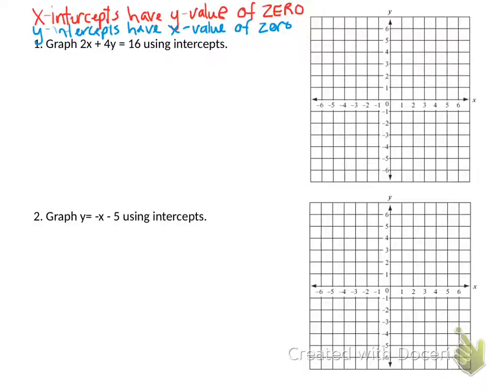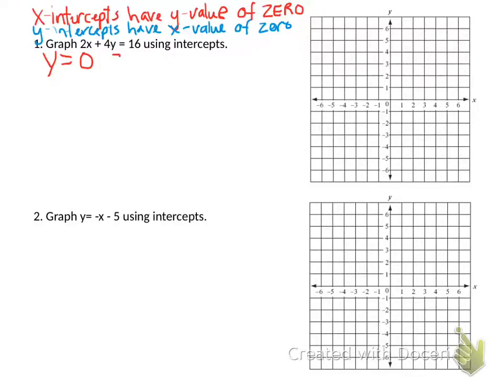All right. So we're going to go ahead and try to graph 2x plus 4y equals 16 using intercepts. So the first thing we're going to do is find our x-intercept. And we're going to use the piece of knowledge that it has a y value of 0. So if y equals 0, I just need to figure out what x equals.